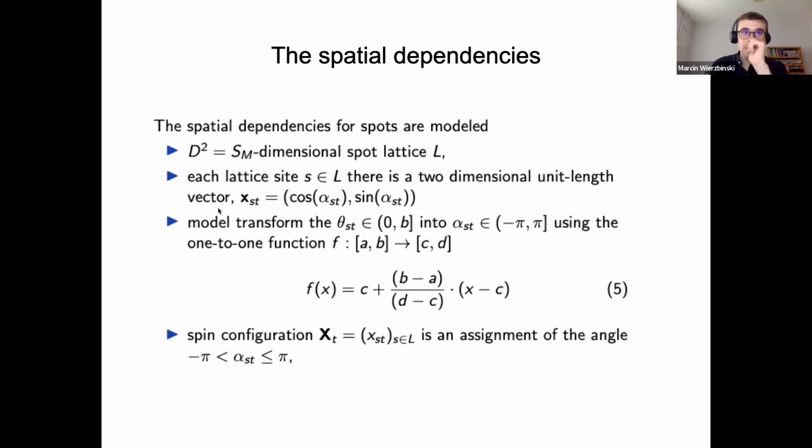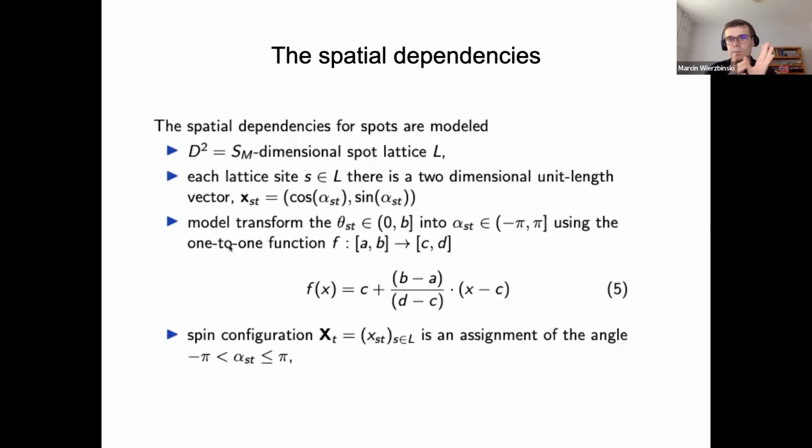This is similar in this model. And the transformation is a one-to-one function that transforms the support of theta st. We draw theta st from a truncated gamma distribution on this interval, and we map theta st into the interval minus pi and pi.